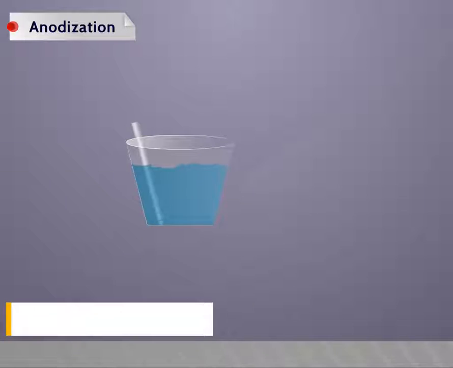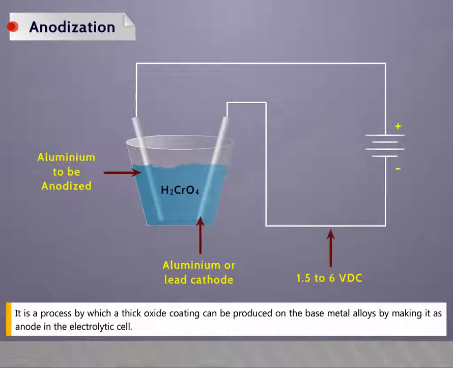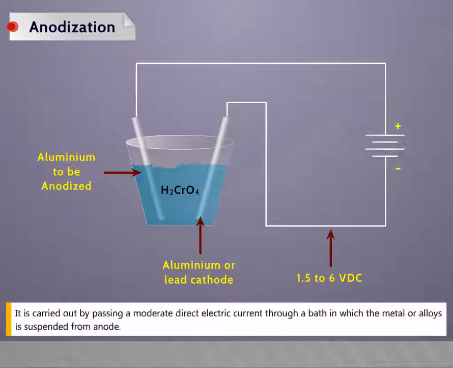Anodization. It is a process by which a thick oxide coating can be produced on the base metal alloys by making it the anode in the electrolytic cell. It is carried out by passing a moderate direct electric current through a bath in which the metal or alloy is suspended from the anode.